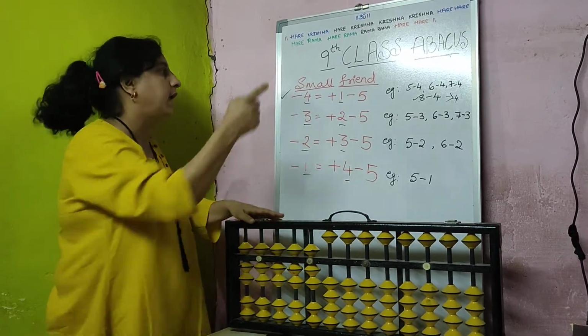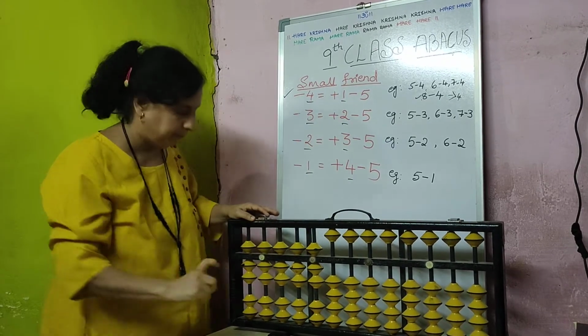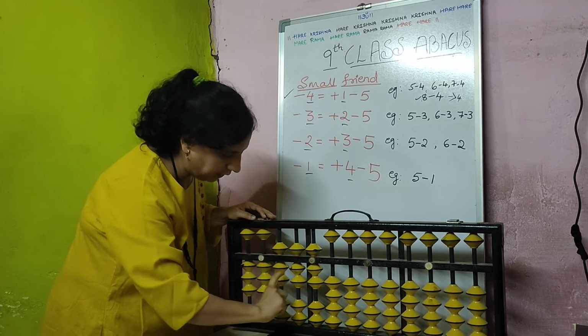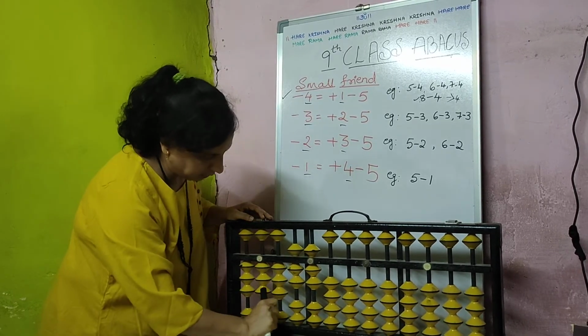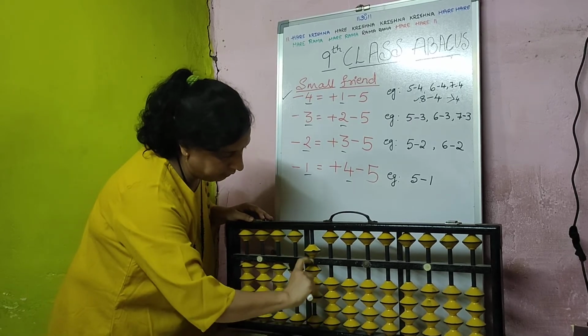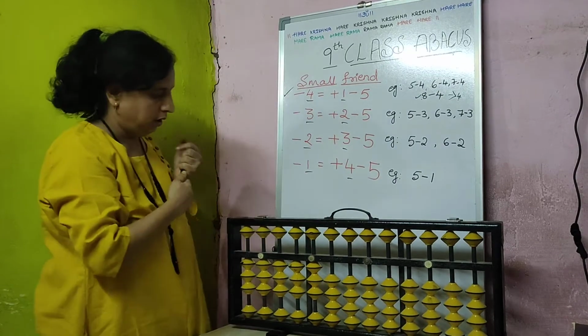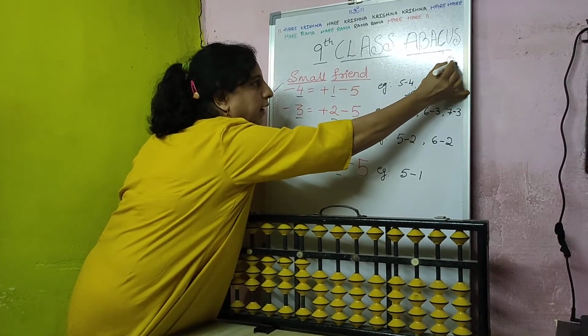No problem. Directly go to this formula. Formula is +1 -5, from down to up, +1 -5, +1 -5. Hold pencil always. So from 7 -4, if you do, answer will come 3. This answer I will write here up.